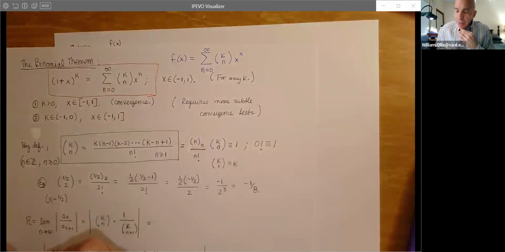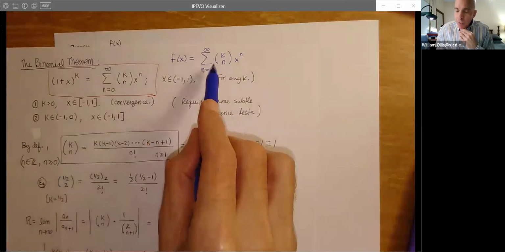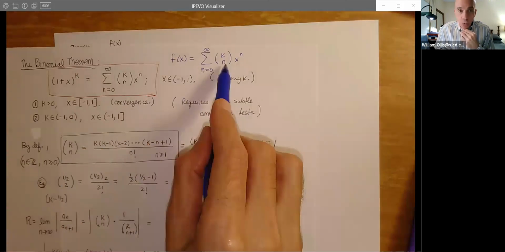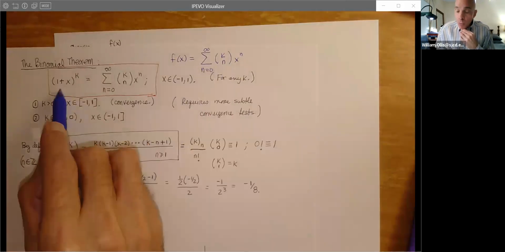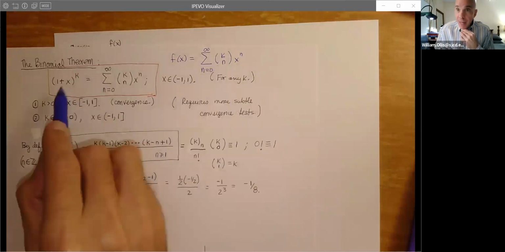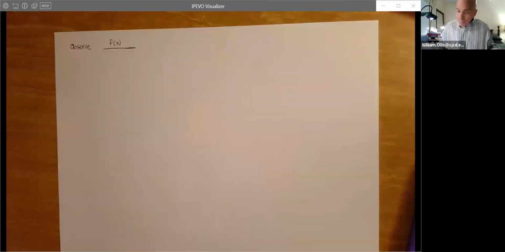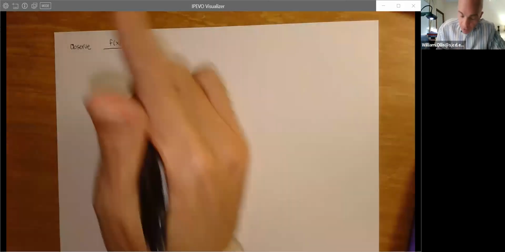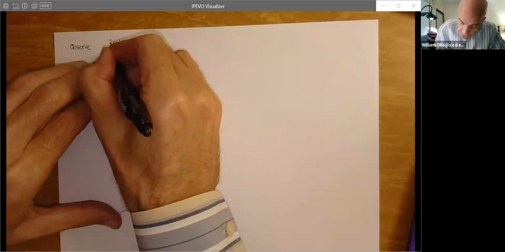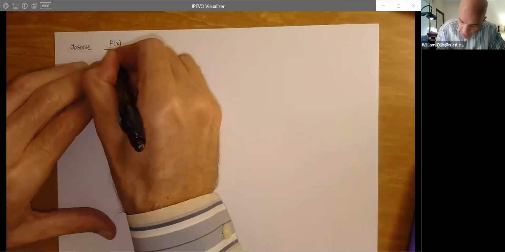And so if that's f, we want to show that that is actually equal to that. If that's what we're calling f, we want to show that this infinite series is actually the binomial. That's what we're showing. So now let's observe the following. You know what f of x is in the abstract. And let's look at this.